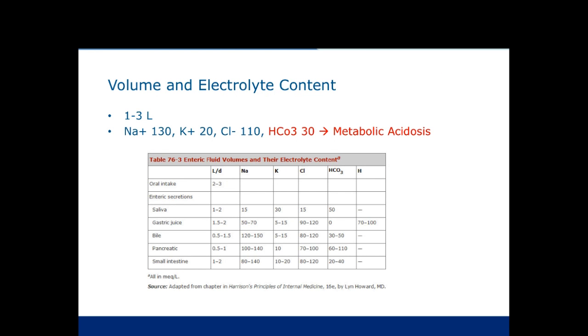All right, so it's about 1 to 3 liters of ileal output into the colon, right? So you take out the colon, so it's 1 to 3 liters that's going to go into the bag. You don't have to memorize the nitpicky numbers, but the whole point is the output from the ileum is high in bicarb. So you get a lot of metabolic acidosis.